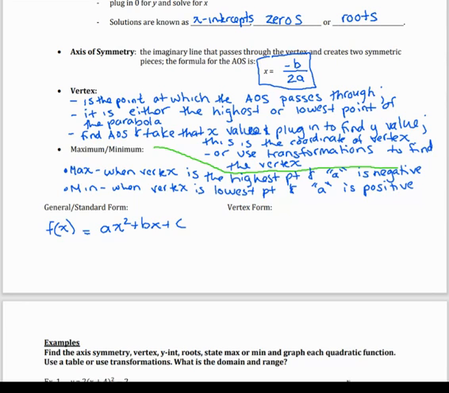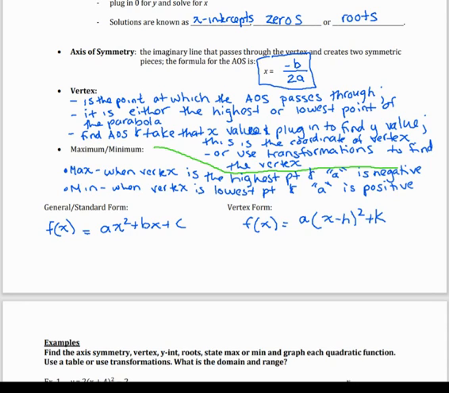We focused on vertex form. Vertex form is when we can pick out those shifts very easily. This is a times x minus h all squared plus k. Remember, when it's in vertex form, we can see those transformations and say, oh yeah, we're moving to the right h units, or moving up k units.